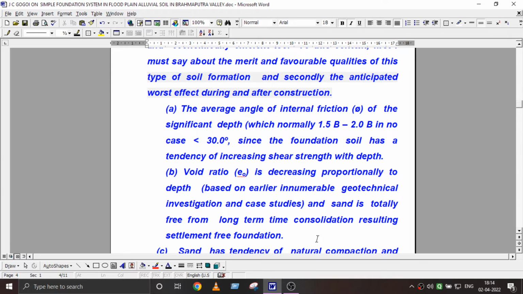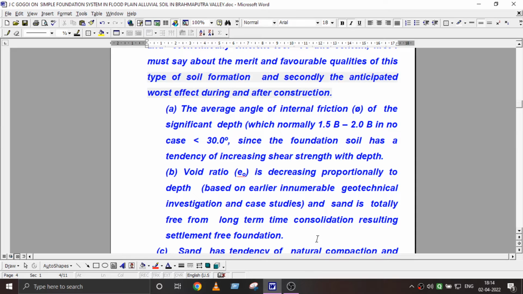So, in case of clay, permeability has a relationship with settlement. The more pervious, the less the settlement time.